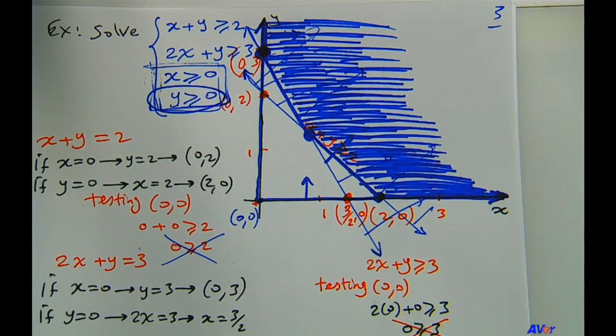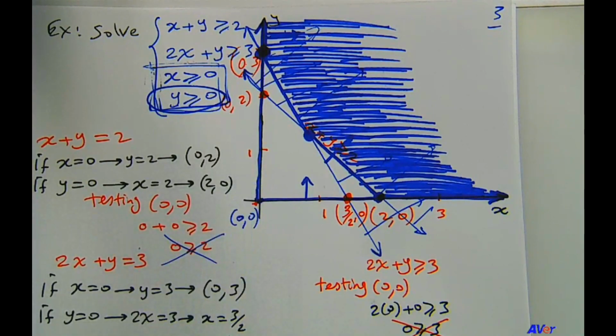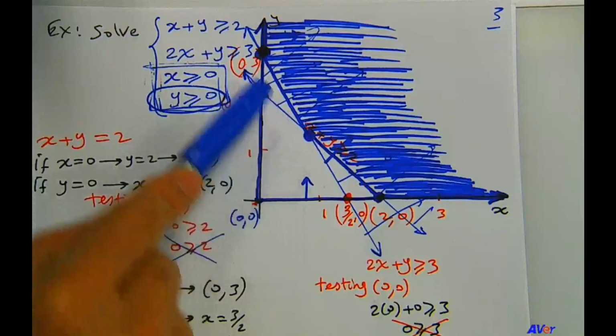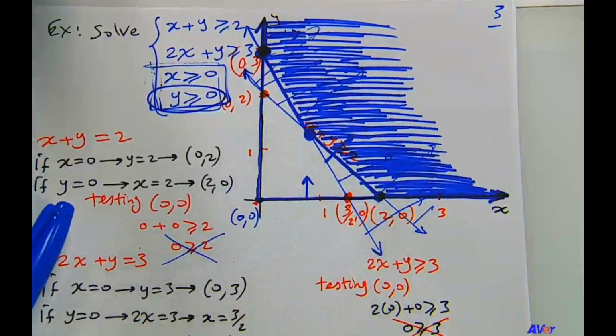But I want to make a connection between this material and the upcoming material in section 4.2, which is using the geometric approach to optimize functions. We will get to that. So in section 4.2, we would go one step further by finding the coordinates of the corner points of the solution region.